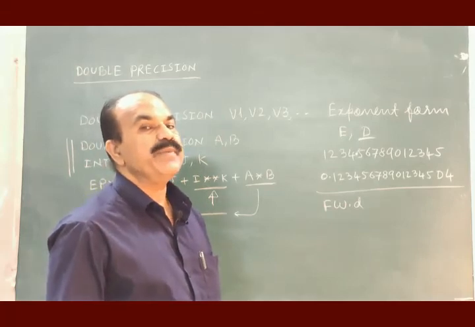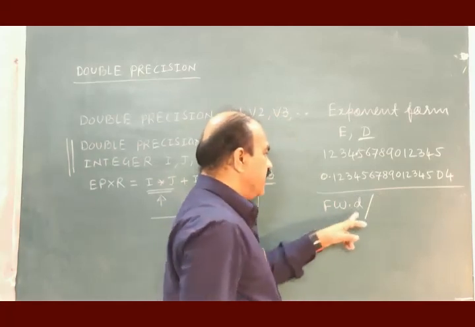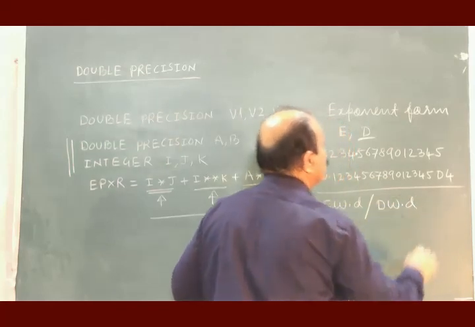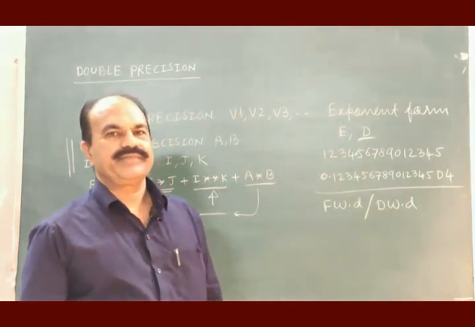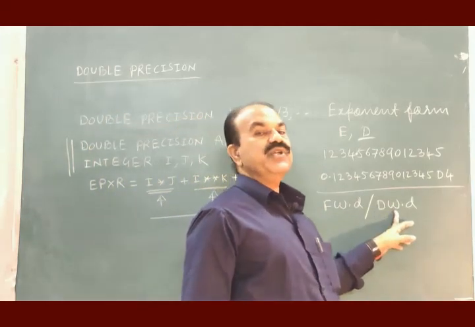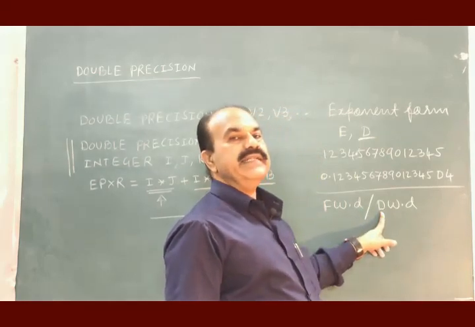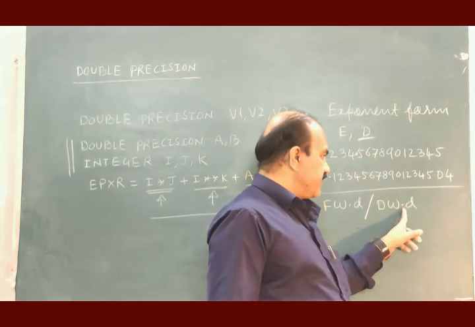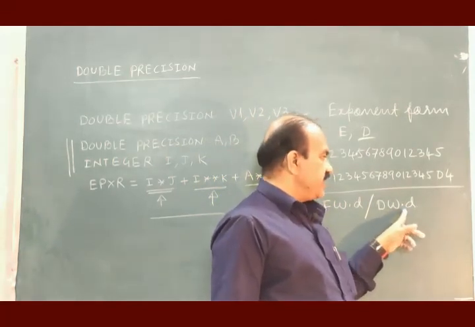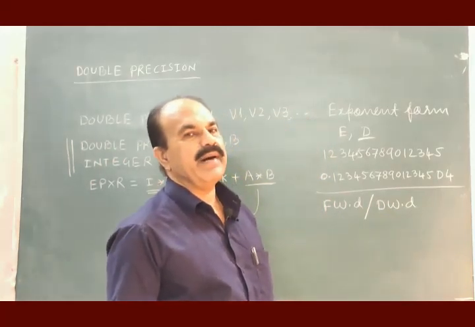When you are asked to represent double precision real numbers in fractional form, this is to be replaced by DW.D, where W is the total width of the number including the letter D, and the small d is the number of digits in the decimal part.